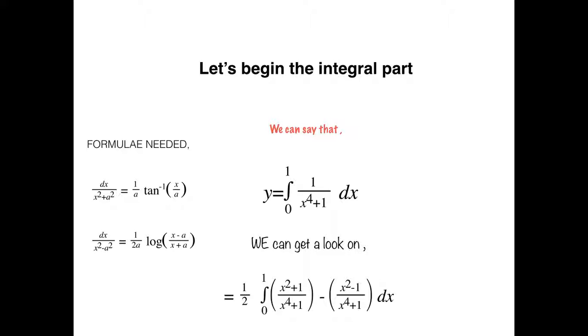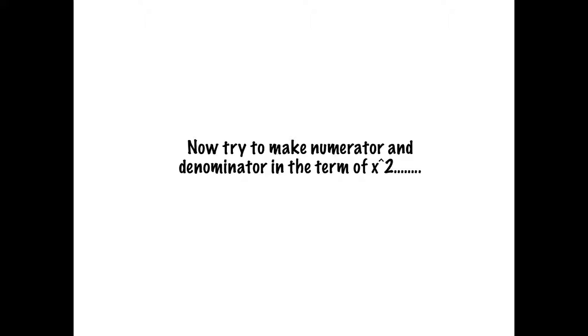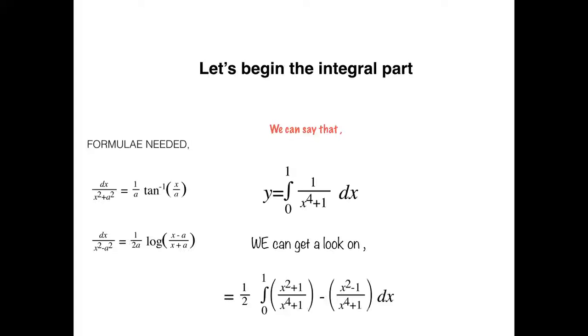So let's see what we have to do next. Now try to make both numerator and denominator in terms of x squared. How will you do it? Come on, think of it. You have to bring x squared in both numerator and denominator in the equation shown below.